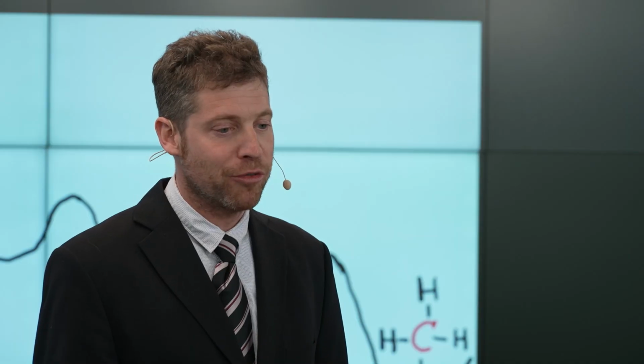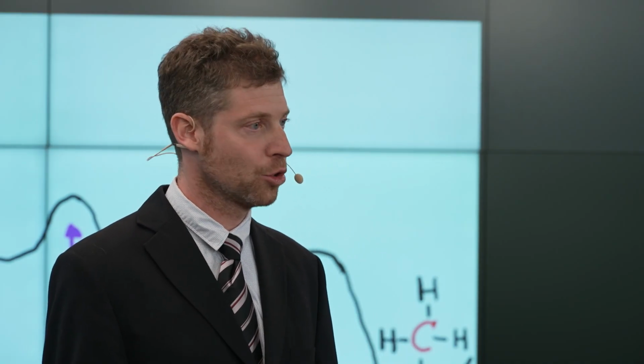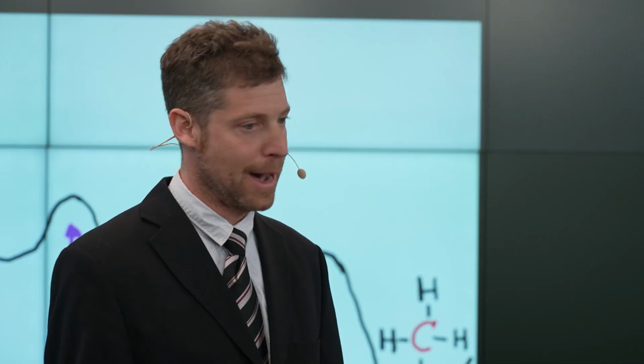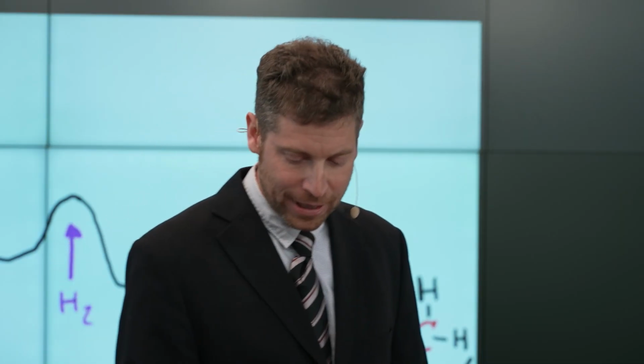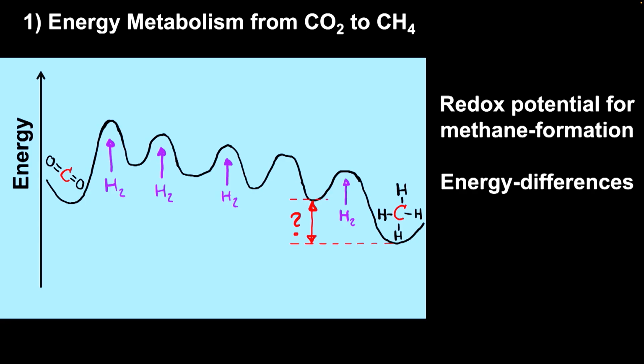As mentioned before, this process requires a lot of hydrogen. To produce one methane molecule, you require 4 molecules of hydrogen to help going over those hills. Because ultimately we want to not make methane anymore, we put a lot of emphasis in studying this step of the methane formation.